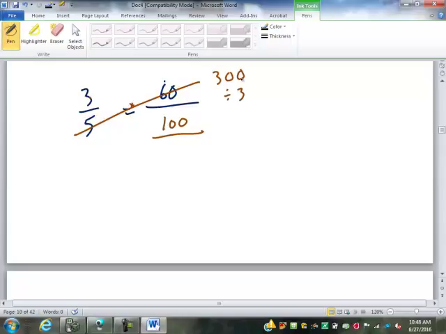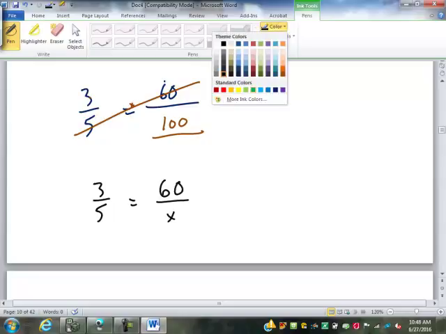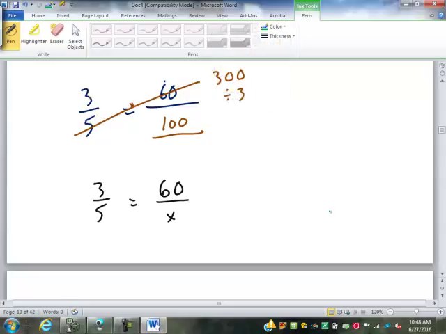Technically, what is happening here? I'm going to put x in there for the missing number. In a proportion, when we are solving for that missing number, what we are doing is not really cross-multiplying and dividing. We are actually cross-multiplying in both directions. This diagonal is 5 times 60, which is 300.